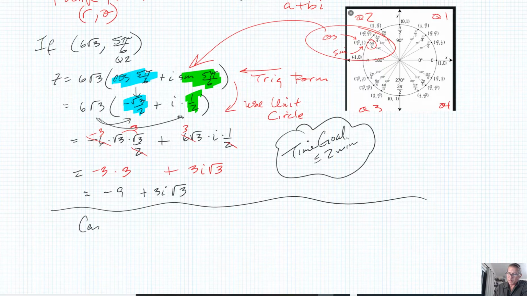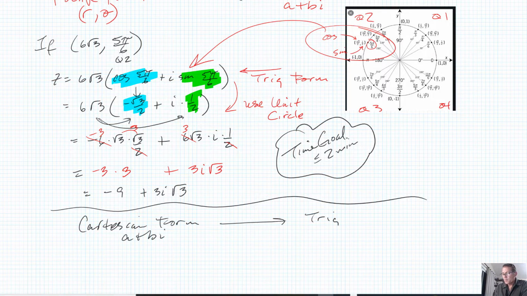Let's go from Cartesian form, which, as you guys know, is a plus bi, to trig form, which is z equals r times cosine of theta plus i times the sine of theta. So that's the reverse process. Now this right here is activity 5D1, parts 1 and 2.